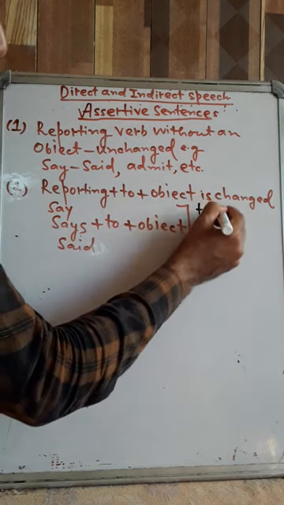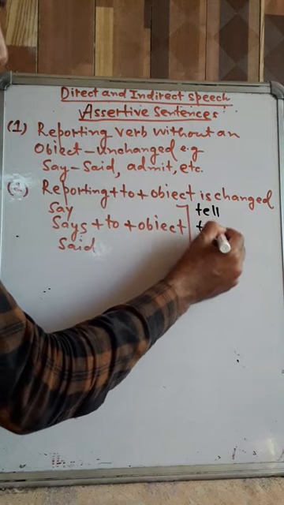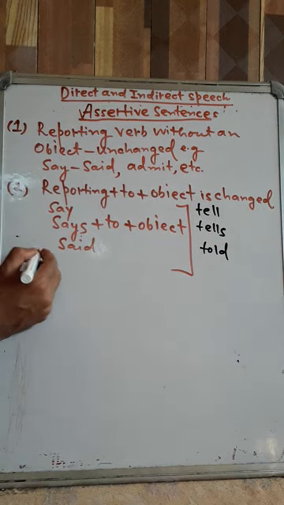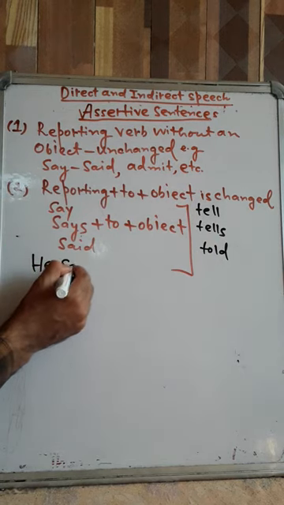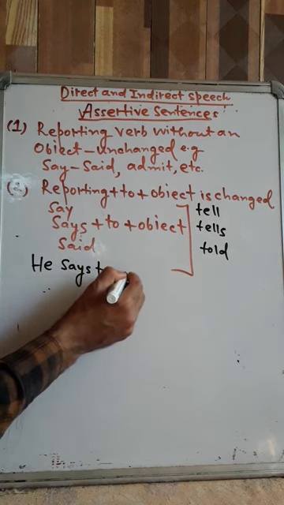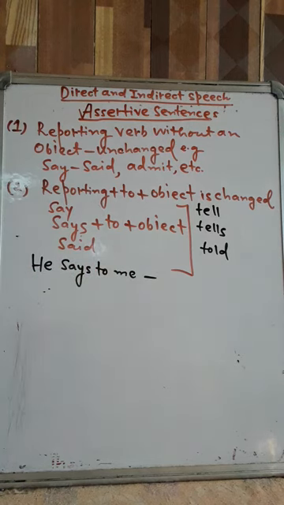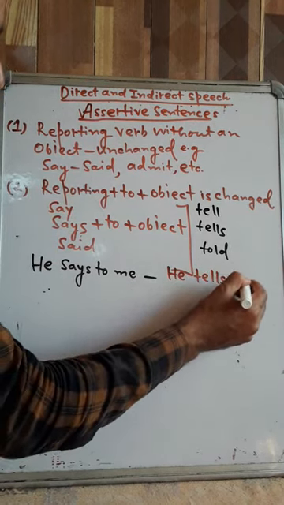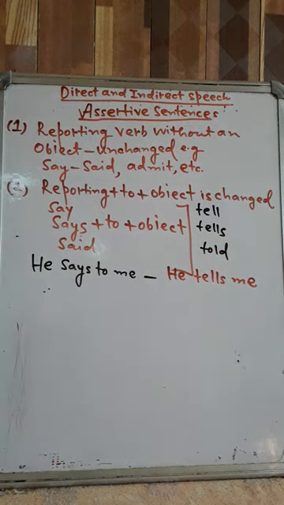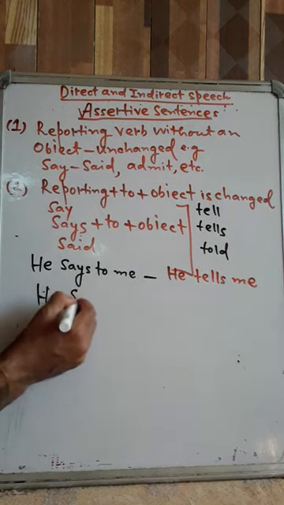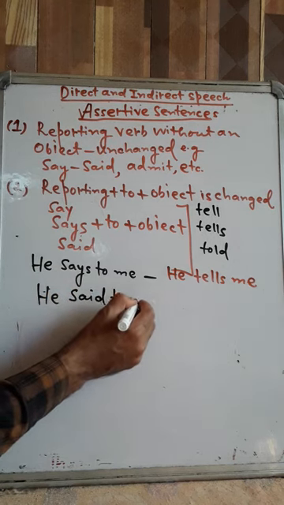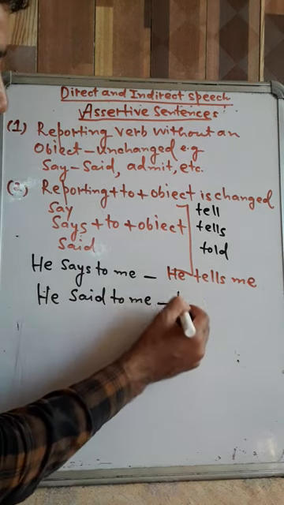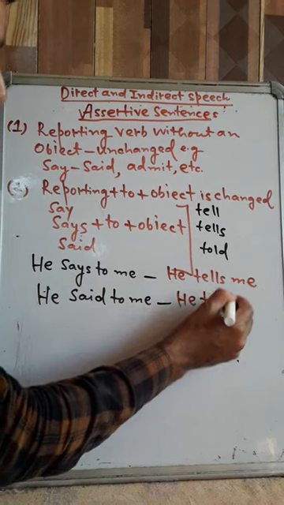Say becomes tell, says becomes tells, and said becomes told. For example, if in the direct speech we have he says to me, in the indirect speech I will write he tells me. Likewise, if we have he said to me, in the indirect speech I will change it like this: he told me.